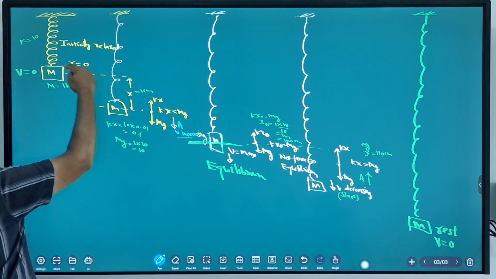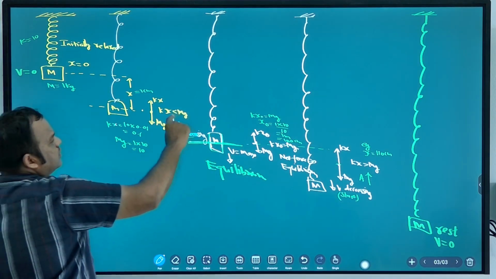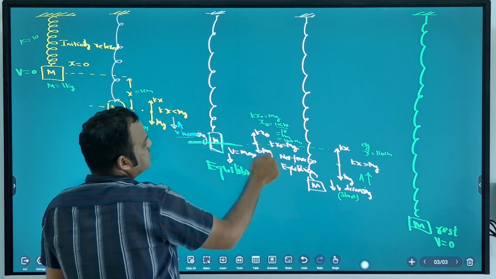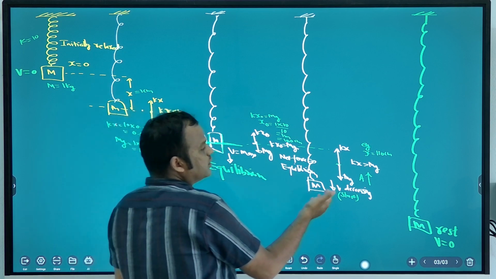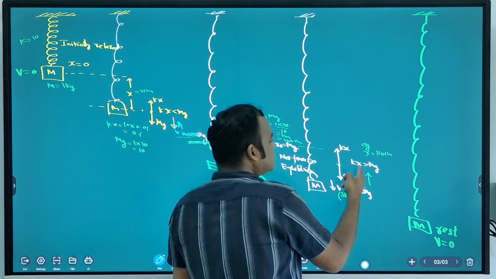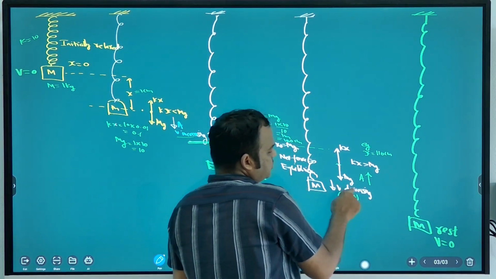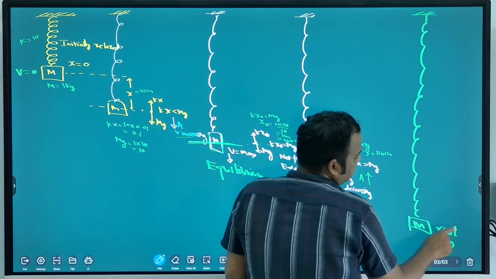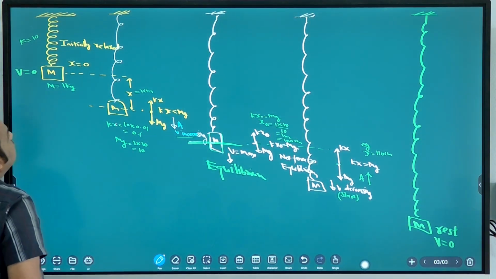Because initially which force is greater? Initially mg, then x is increasing. After some time kx and mg both are equal. But after that which is greater? Kx is greater. So at one point velocity is decreasing because acceleration is upward, and at one point velocity becomes 0.